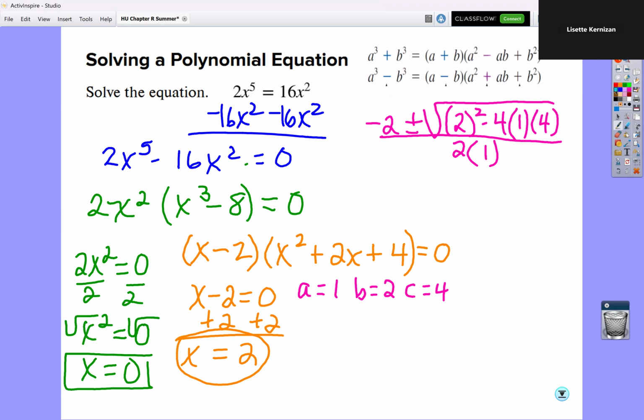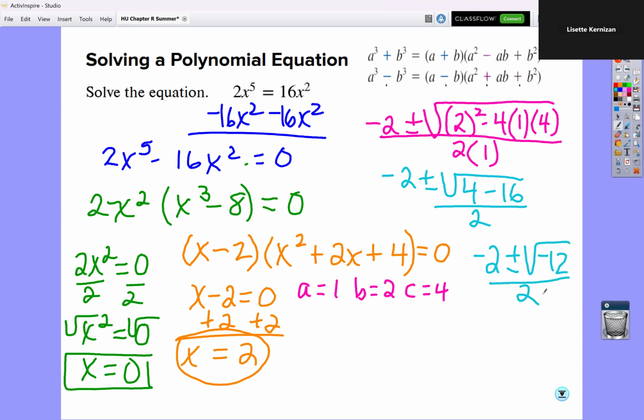Going to continue. I get negative 2 plus or minus the square root of 4 minus 16, all over 2, because negative 4 times 1 is negative 4, times 4 is negative 16. I get negative 2 plus or minus the square root of negative 12 all over 2. And then I want to simplify a little bit more.